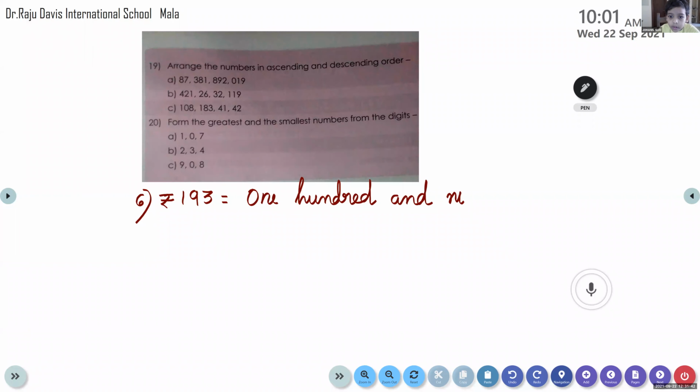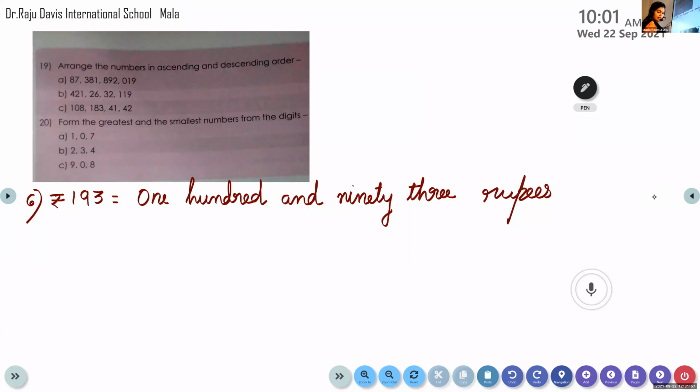N-I-N-E-T-Y. Yes, 90. N-I-N-E-T-Y. 93. Rupees. Don't forget to write rupees. R-U-P-E-E-S. Then next amount is rupees 201 rupees.